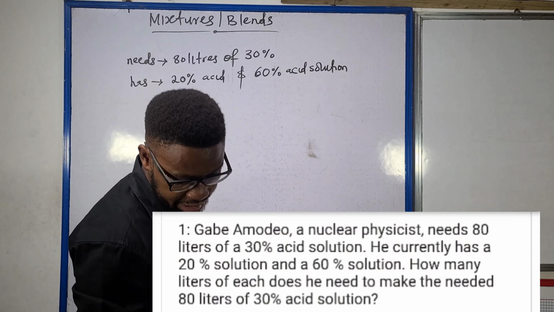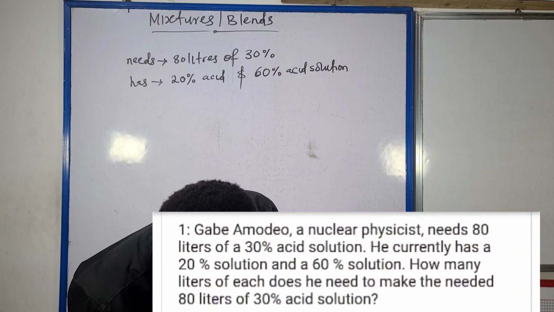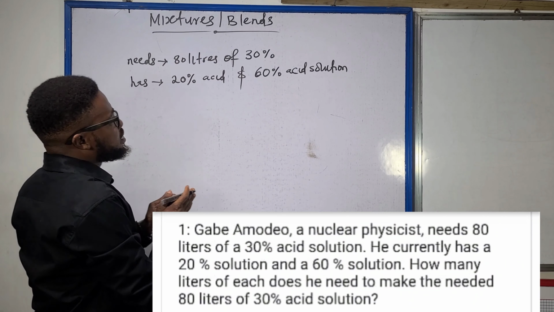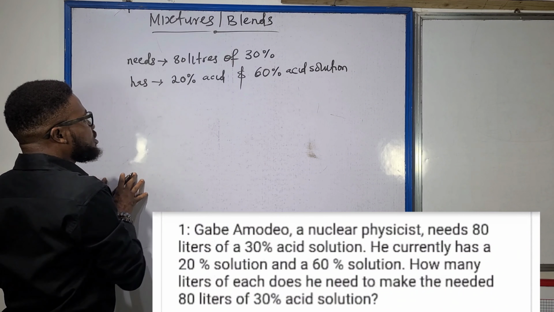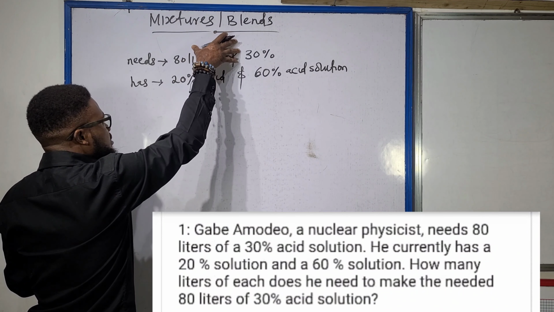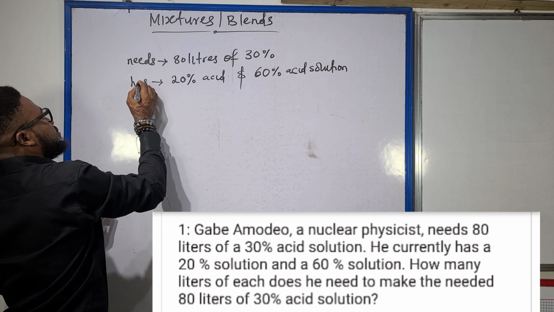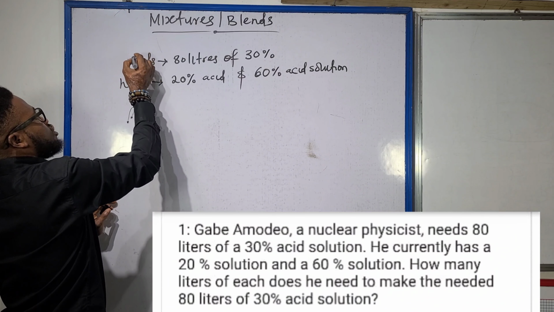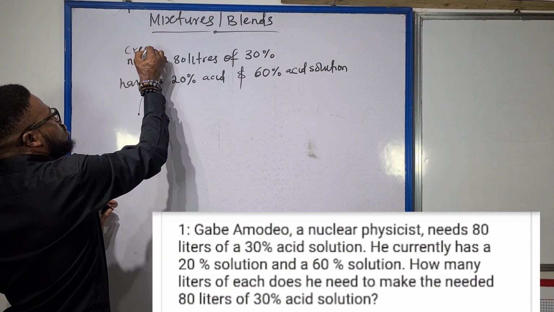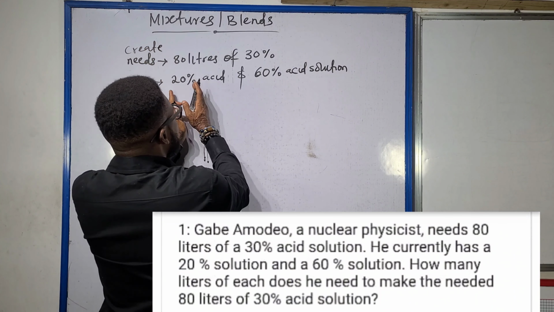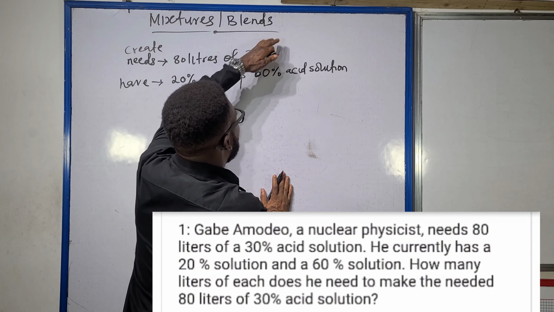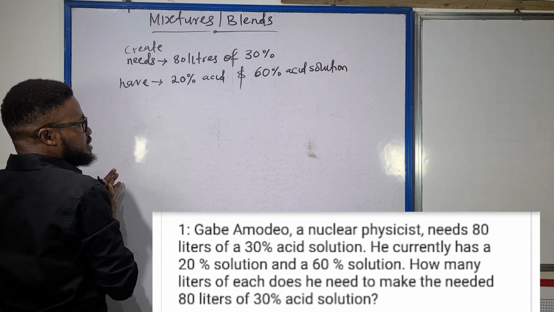So the question states, how many liters of each does he need to make this? The thing is very simple. We want to create this, but this is what we have. This is what we have. And this is what we need. This is what we need to create. So we need to mix this and this. Hence, we talk mixtures. Hence, we talk about blends. So this is very simple.